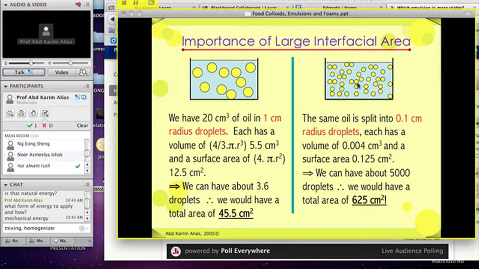But since we now have a large number of small droplets, around 5,000, the interfacial area increases significantly from about 50 to 625 square cm. So this simple example illustrates how an efficient mixing or dispersion system can increase the interfacial area significantly, and therefore increase the stability of the emulsion significantly.